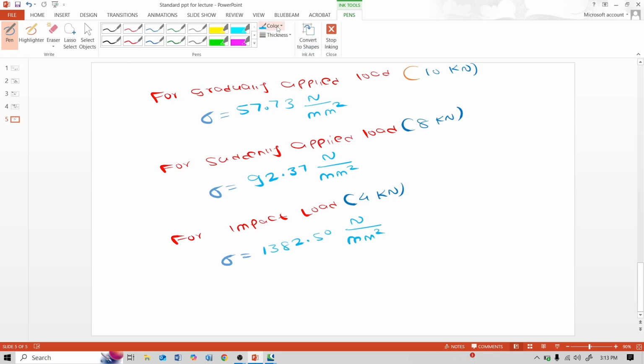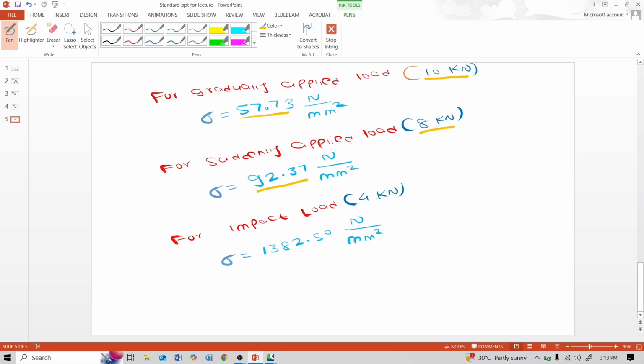Now see this 10 kilonewton and this 57.73. Even though gradually applied load is bigger than the suddenly applied load and impact load, stress is minimum compared to suddenly applied load and impact load. This suddenly applied load is 8 kilonewton and stress is 92.37, maximum than this gradually applied load.